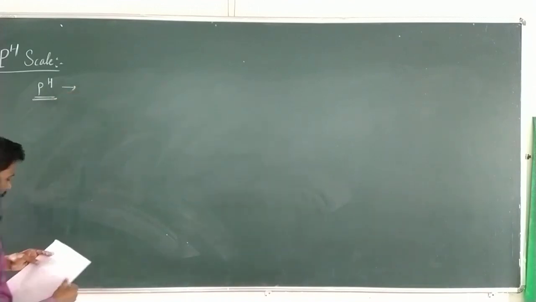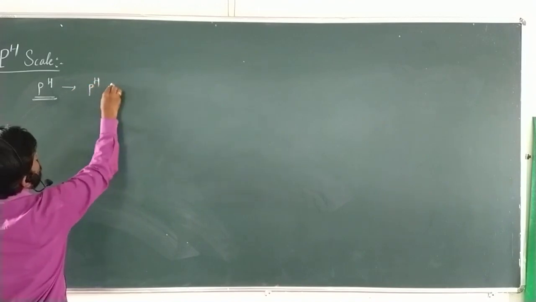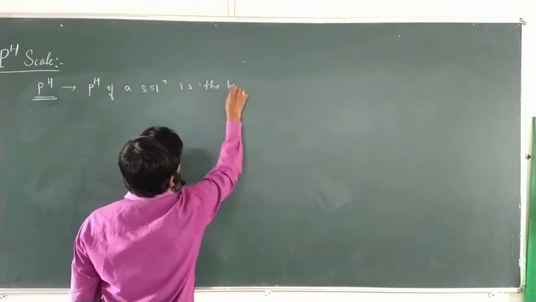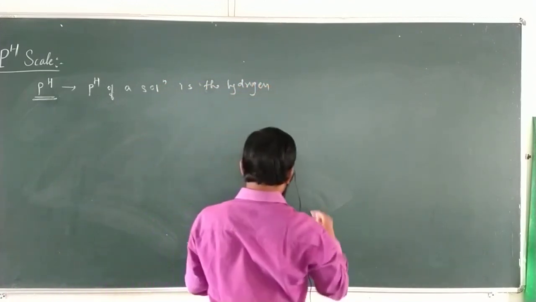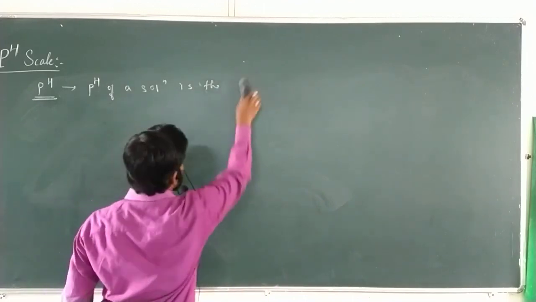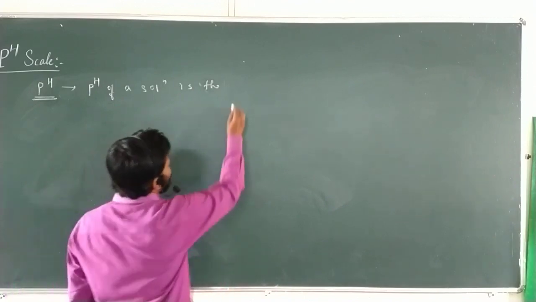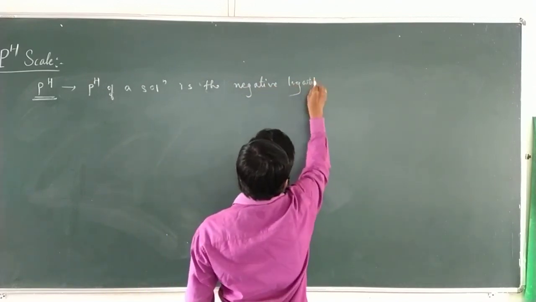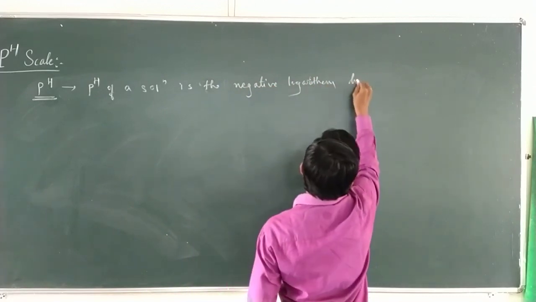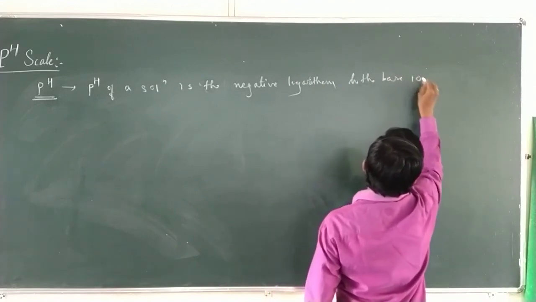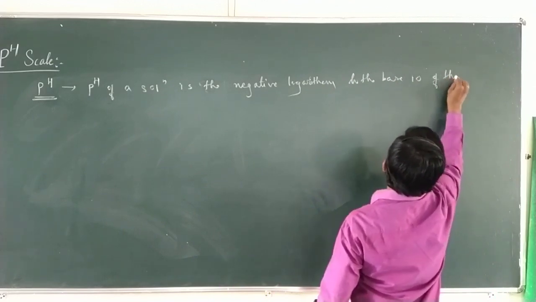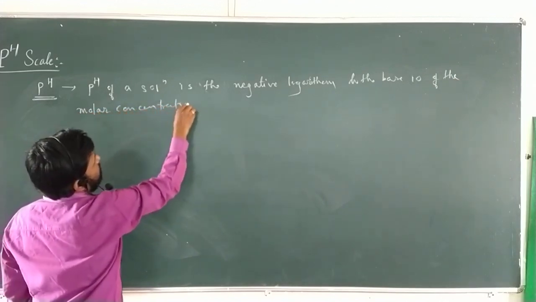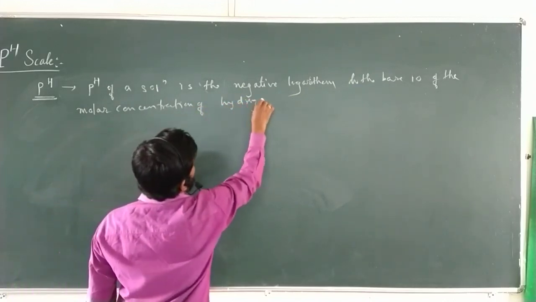Sorensen defined the pH of a solution mathematically: the pH of a solution is the negative logarithm to the base 10 of the molar concentration of hydrogen ions.